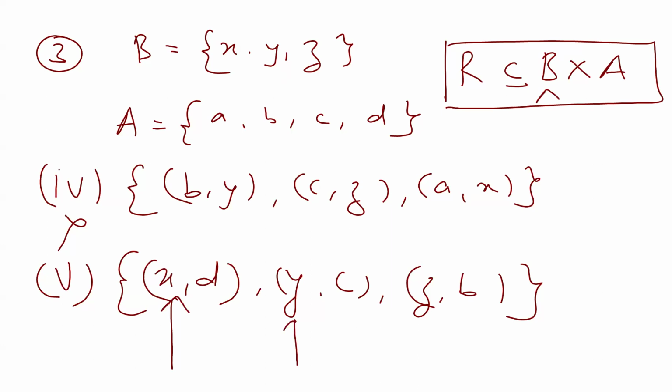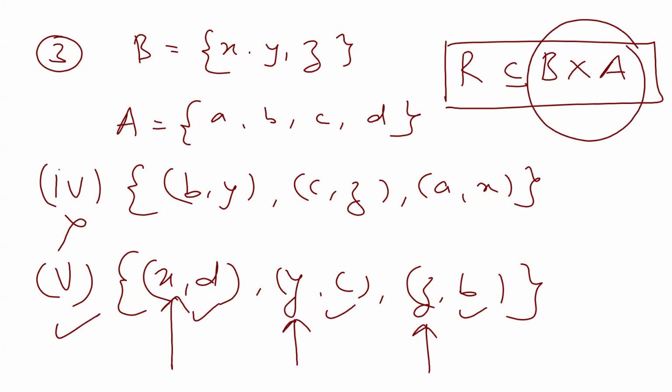The first components are from set B, and the second components are from set A. So that's completely fine. So it's a relation from B to A. It need not have the entire B cross A. Remember this. The relation need not have the entire Cartesian product. It's a subset. It can be entirely or not entirely.